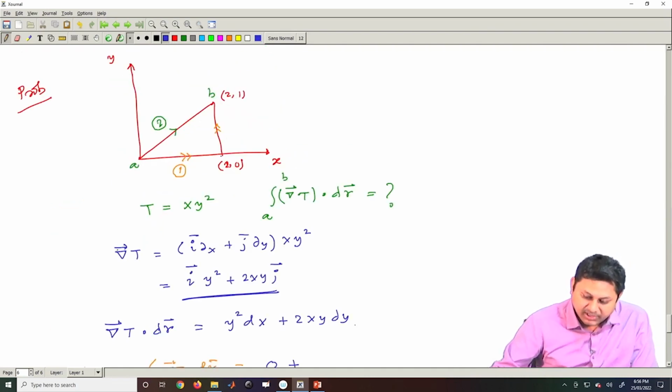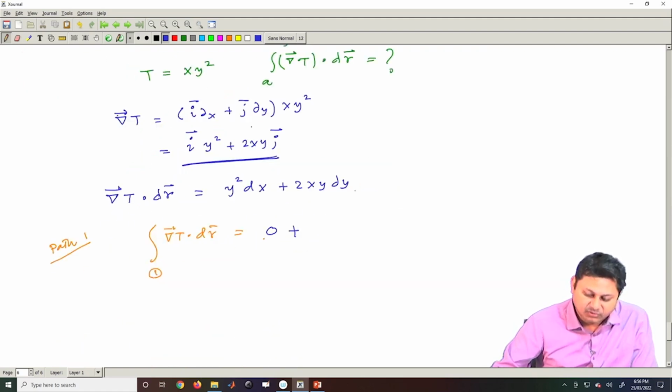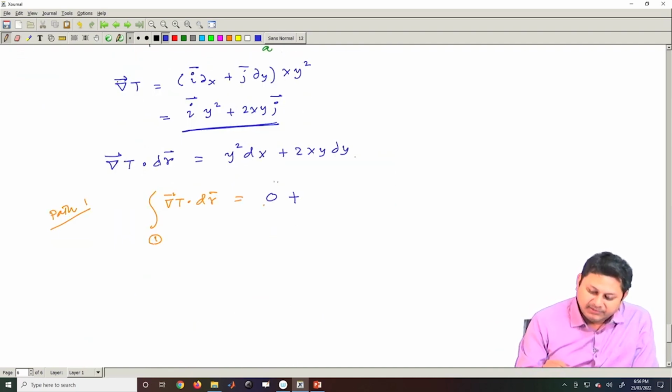In the next part, when I go from the 2 0 point to the 2 1 point, you can see that my x value is fixed, it is 2, but y is changing from 0 to 1. So, that means for this path dx is not changing, so dx value is 0. y is changing, so dy is non-zero and x is 2.